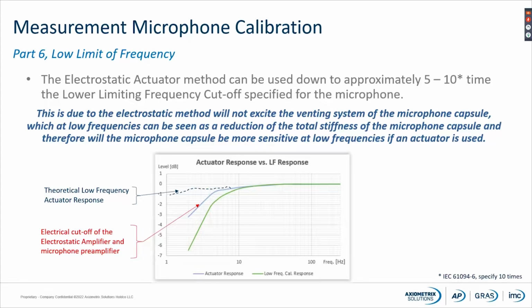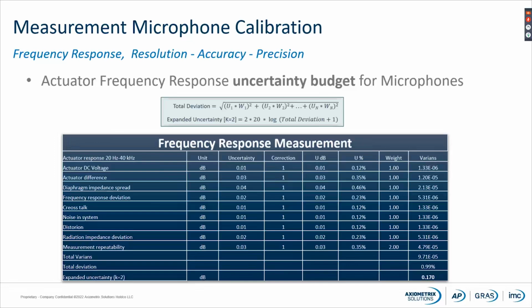We do not see that, because we have some other small issues when doing these measurements: we have a cutoff frequency of our electrostatic amplifier and also our microphone amplifier, so we will not see this really as the actuator response. But what this graph tells us is that we aren't measuring correctly at lower frequencies. I will come back to low frequency calibrations in a few slides.